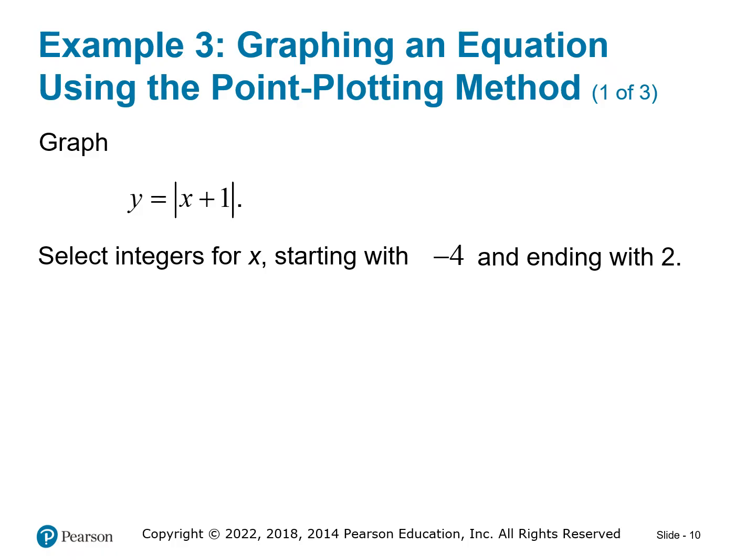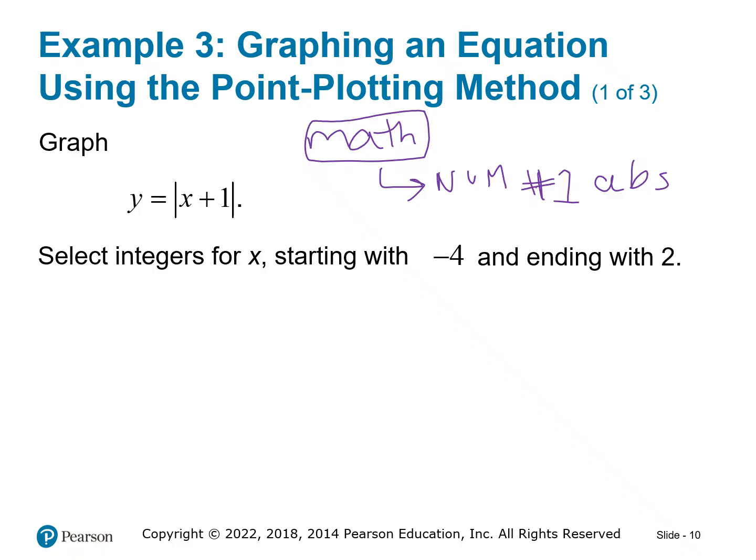Just a side note, to help you find the absolute value symbols in the calculator, after you hit your y equals, you're going to hit the math button, and you're going to arrow over to the number menu. Then you're going to pick number 1, which says ABS with the parentheses, and that will bring up the absolute value symbol for you.